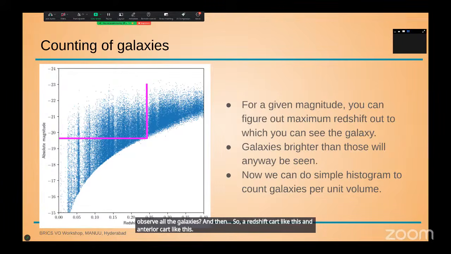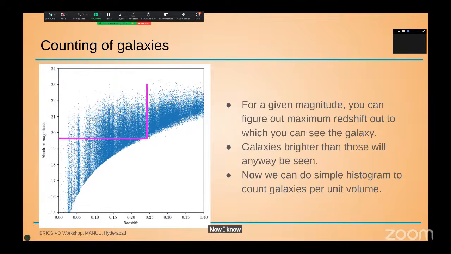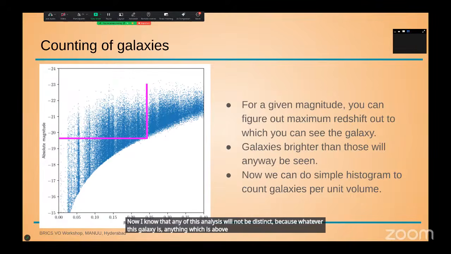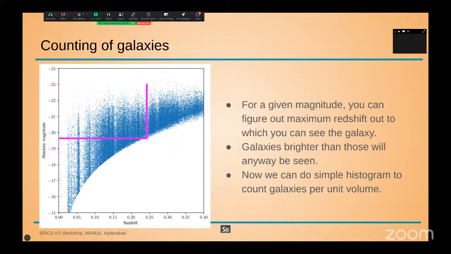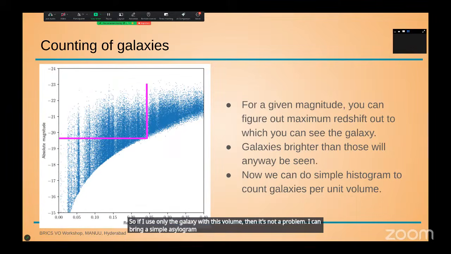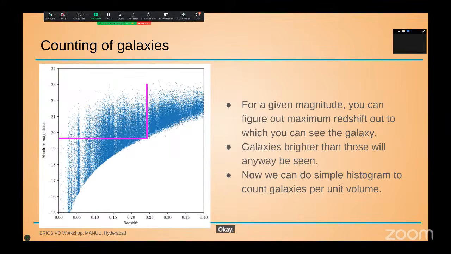Any of these galaxies will not be missing, because anything above will always be seen out to a redshift of 0.25 or 0.24 here. So if I use only the galaxies within this volume, then it's not a problem. I can make a simple histogram, divide by the volume out to redshift 0.25, and I'm done. Then I can get the luminosity function.